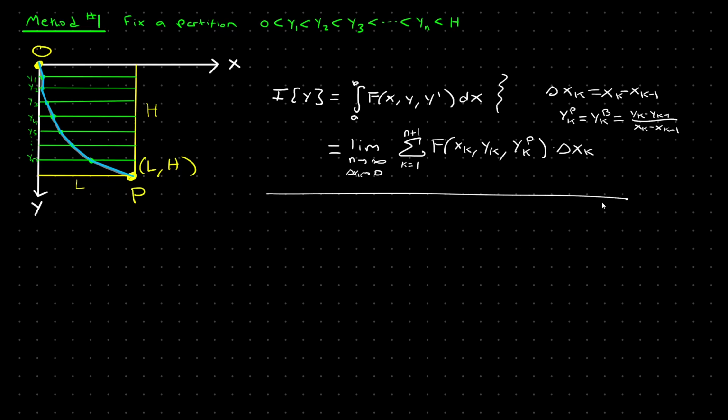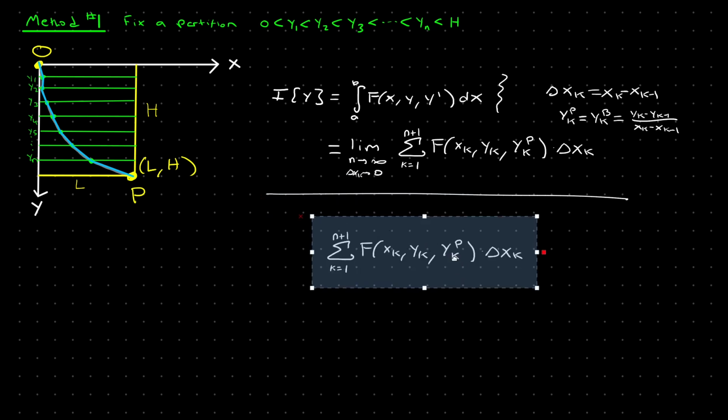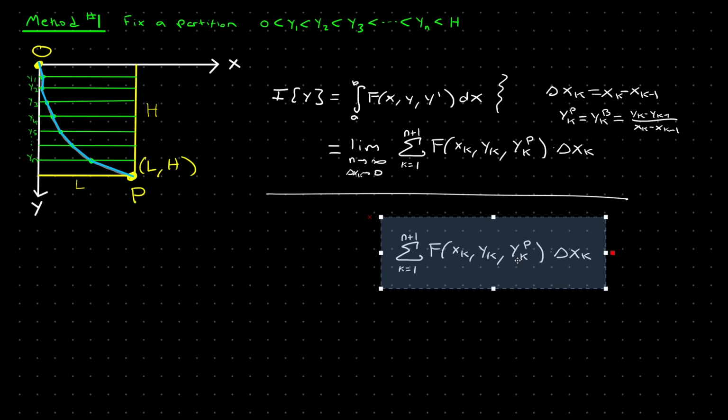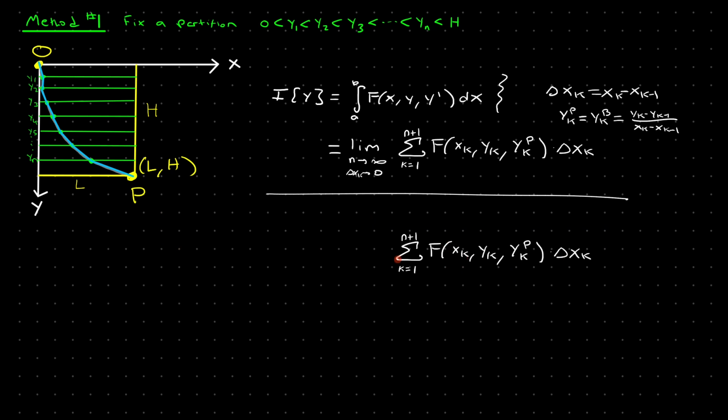Now, the idea behind the finite difference method here is, instead of considering the limit, which is the exact value of the integral, we're just going to consider this summation, the approximation. And what you want to think about is, what is this approximation exactly a function of? We've fixed the values of yk, so those are all fixed constant values for a given value of n, but what's variable here is the x coordinate of this approximation.